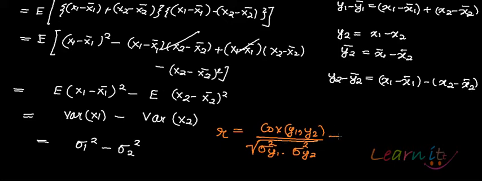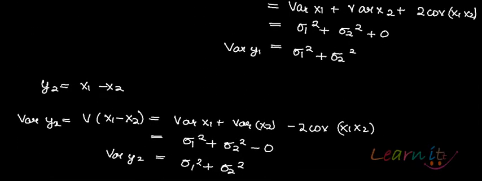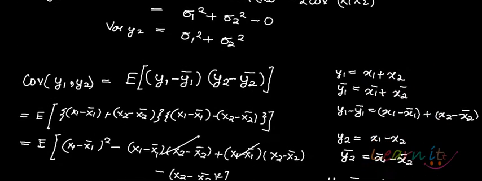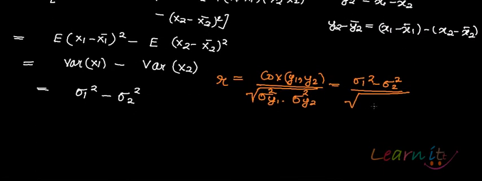So covariance of y1, y2 you have found out, which is sigma 1 square minus sigma 2 square, upon root of variance of y1, which is sigma 1 square plus sigma 2 square, and variance of y2, which is sigma 1 square plus sigma 2 square.